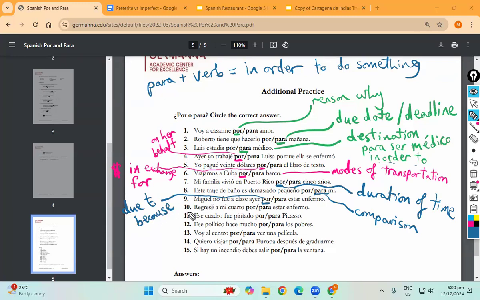So then the next one should be the same thing, right? Regresé a mi cuarto. I returned to my room para estar enfermo. Because I was sick, right? Due to being sick, right? Ese cuadro fue pintado para Picasso.